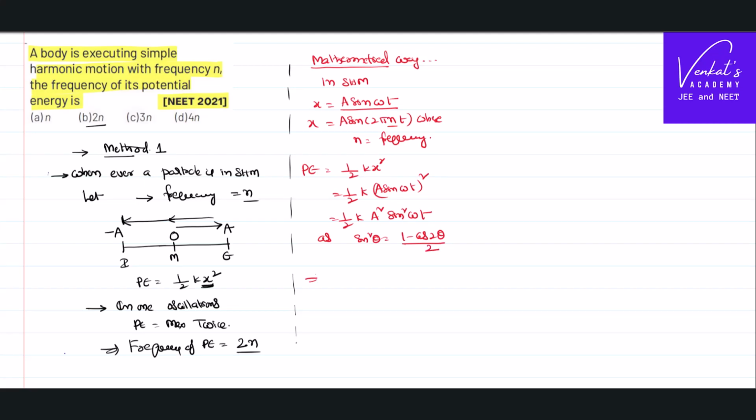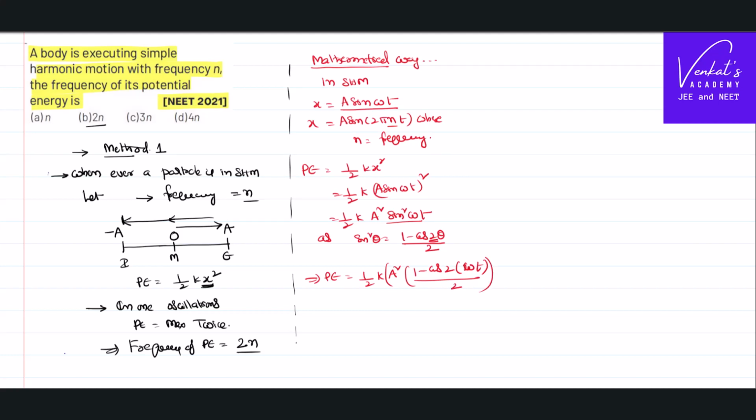That implies potential energy can also be expressed as half k a square, and in place of sin square omega t, we can write (1 minus cos 2 omega t) by 2.